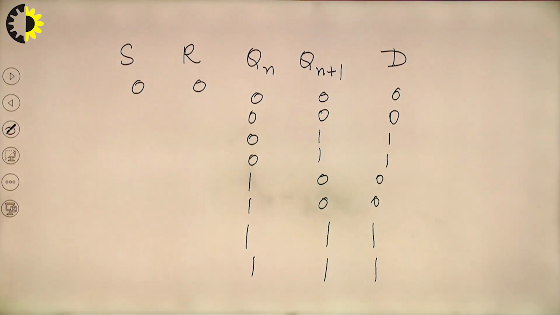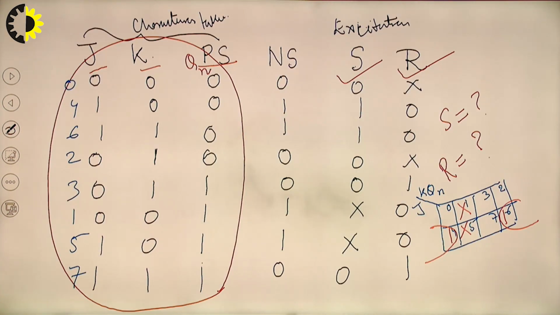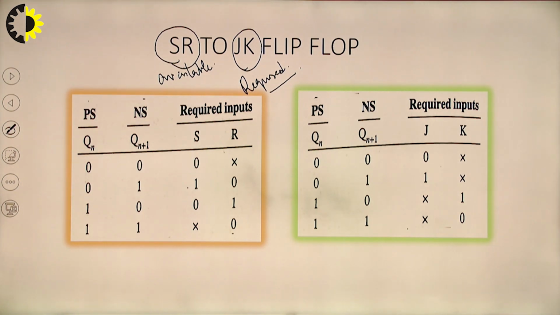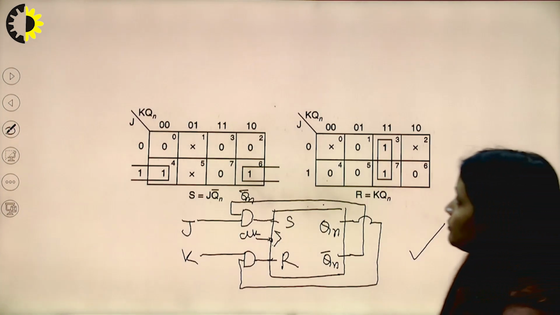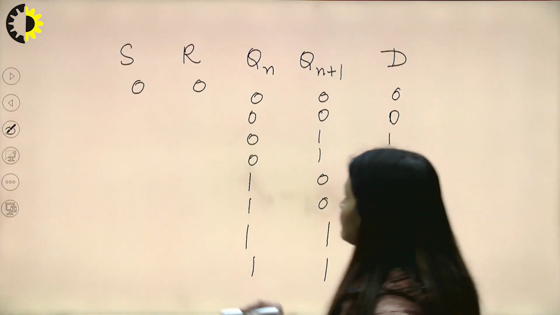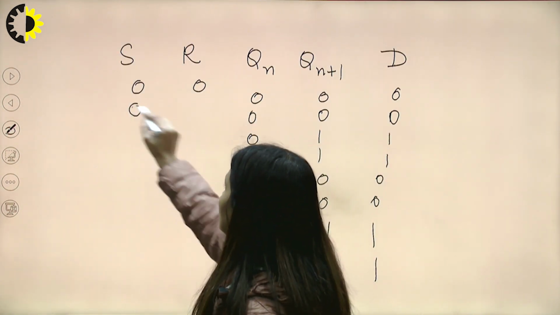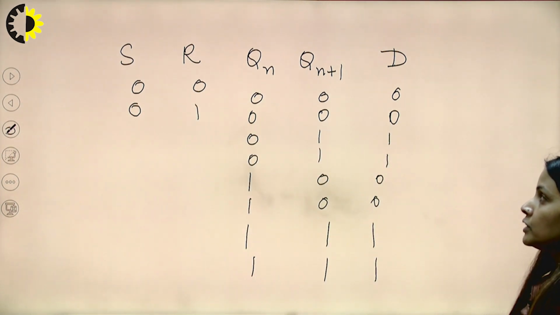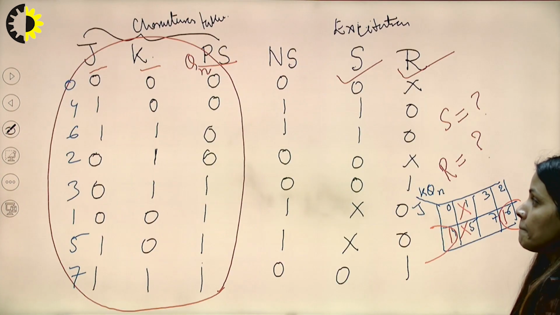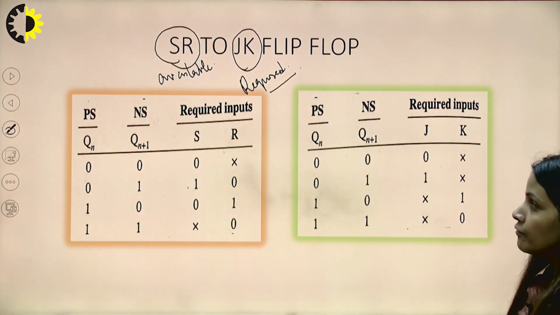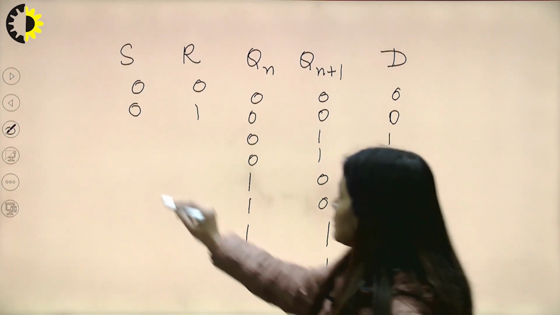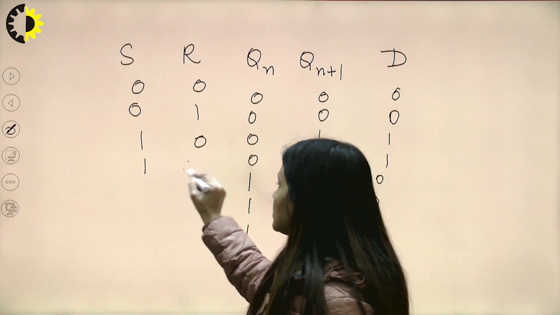So for 0 0 the SR is 0 cross, that means 0 0 and 0 1 we will write. For 0 1 again we will refer to the table. For 0 1 we will have 1 0. Okay, so we will write here 1 0 1 0.